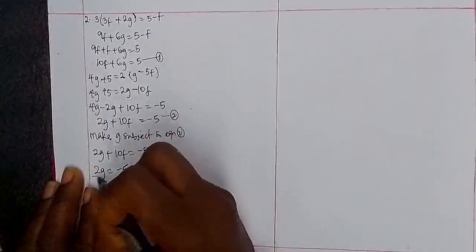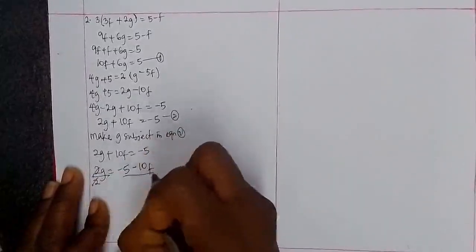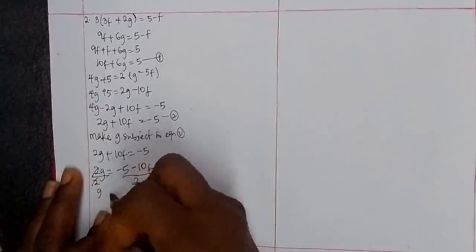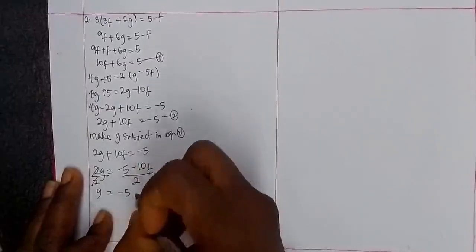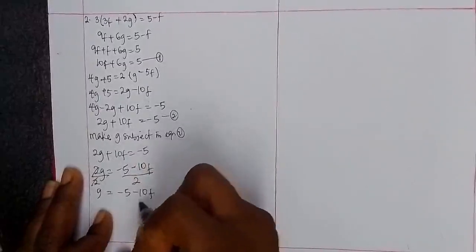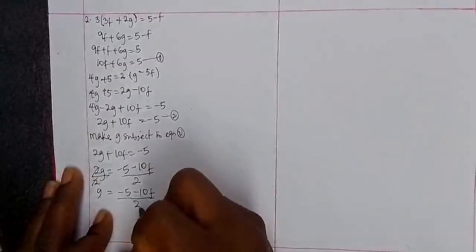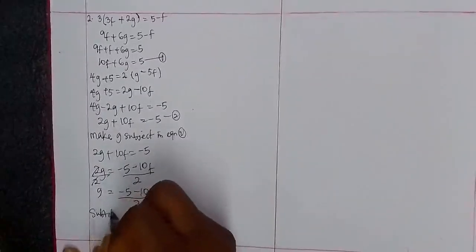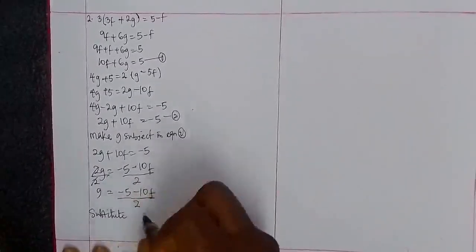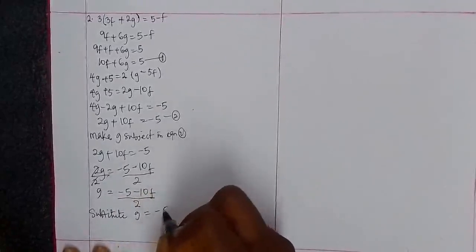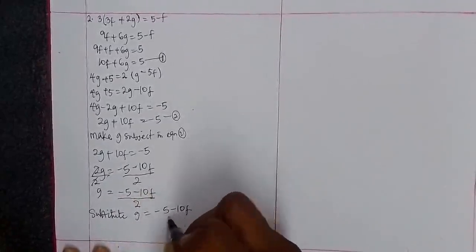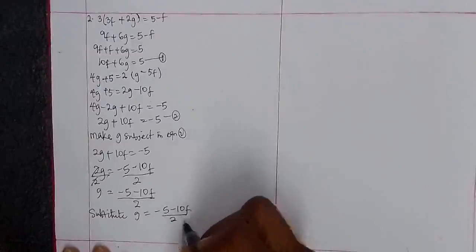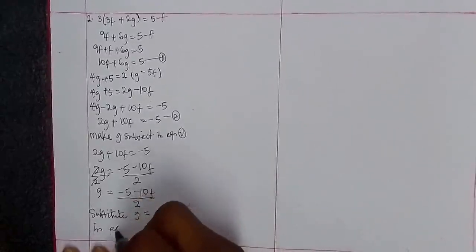G subject, we divide both sides by 2. So that g is now equal to minus 5 minus 10f over 2. Substitute g equal to minus 5 minus 10f over 2. Let's substitute it in equation 1.